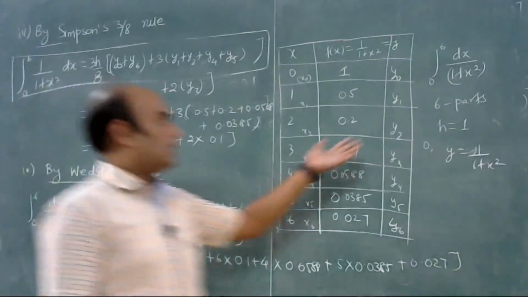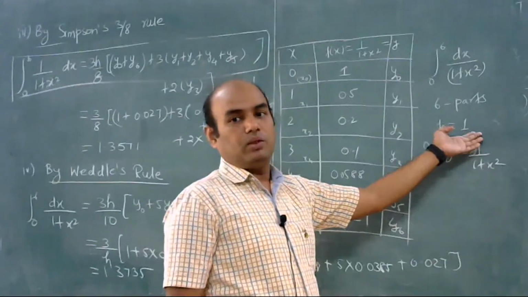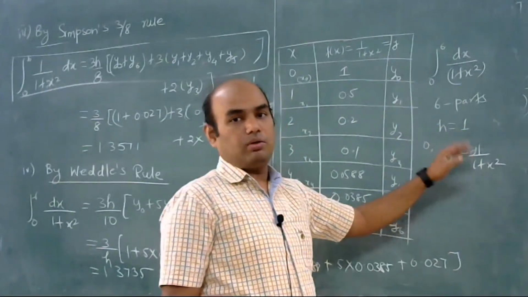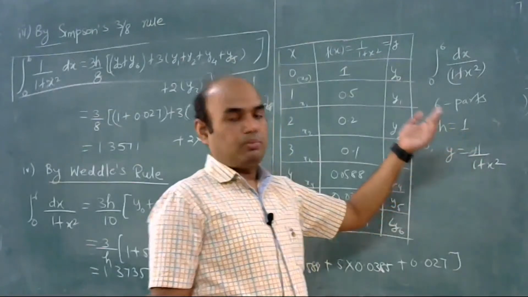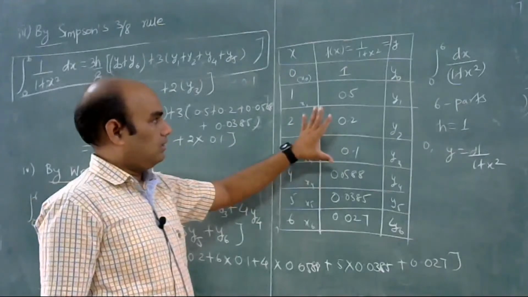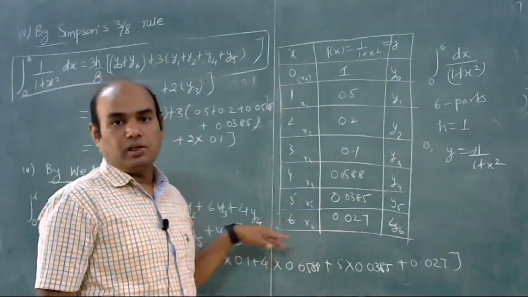You can take 12 parts, so h will become 0.5. You can take any number of parts, but the calculation becomes more tedious and cumbersome. To avoid this, you take such intervals that you can solve easily.